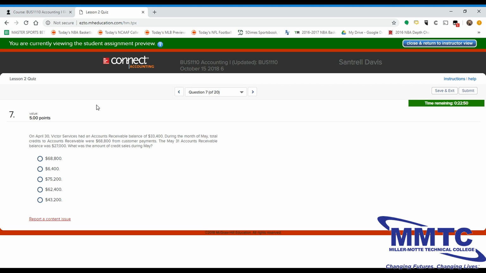That would be our net new sales for that month. But it said the ending balance in accounts receivable is 27,000. So we want to add the activity from the month to the ending balance. What's 35,400 plus 27?